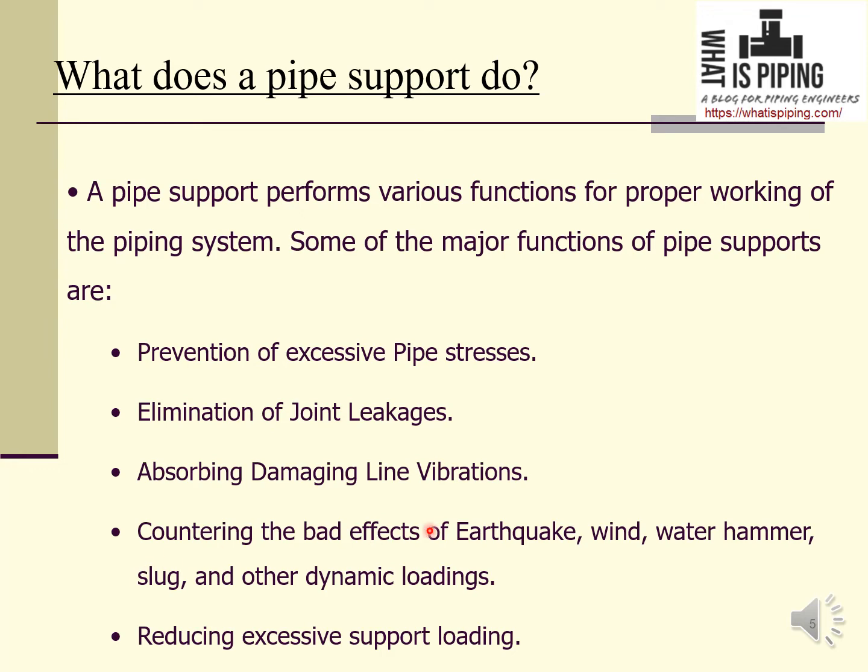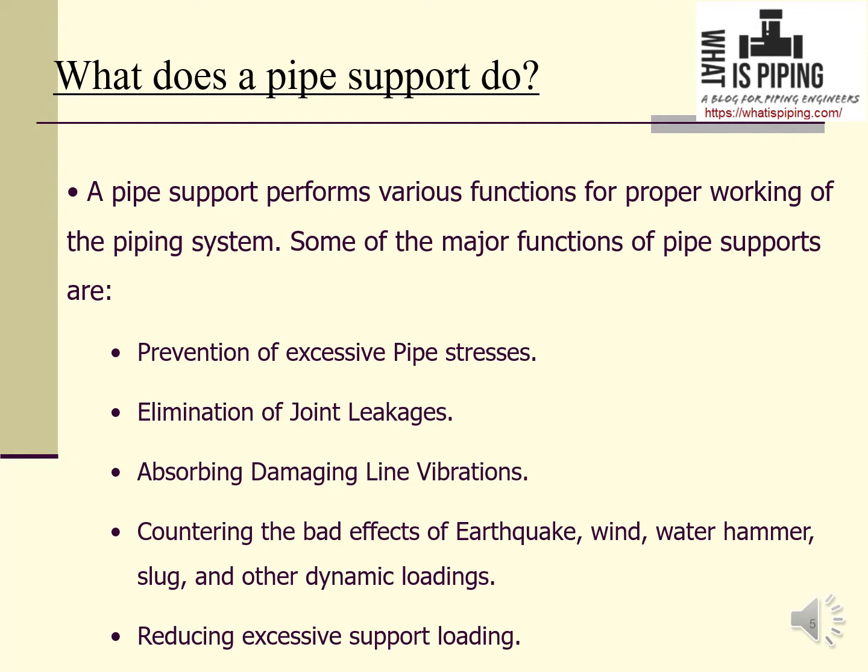Next is countering the bad effects of earthquake, wind, water hammer, slug and other dynamic loadings. All these are occasional and dynamic loadings, means earthquake or seismic event, high velocity winds, storms, water hammer effect, slug effect.